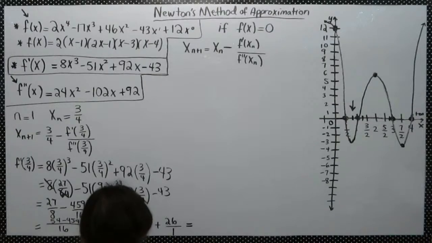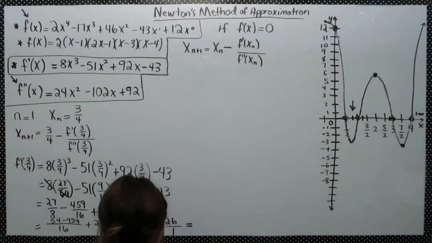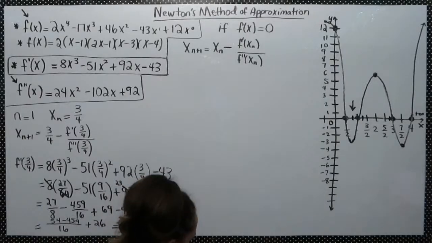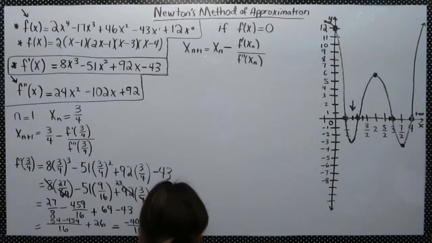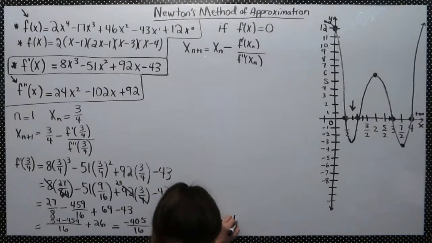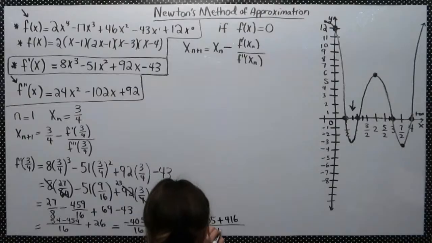So let's see, 16 times 26 is going to be positive. So that's going to be negative 405 plus 416 over 16.